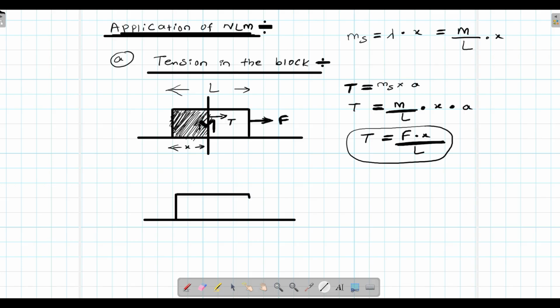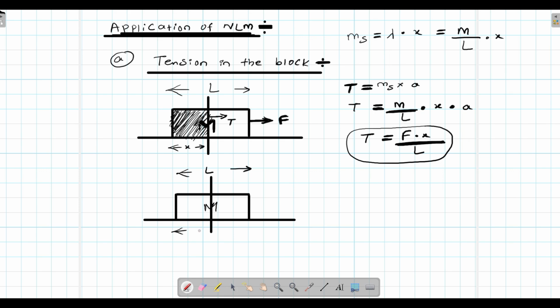So next is, M is the mass, L is the length. So this is x.